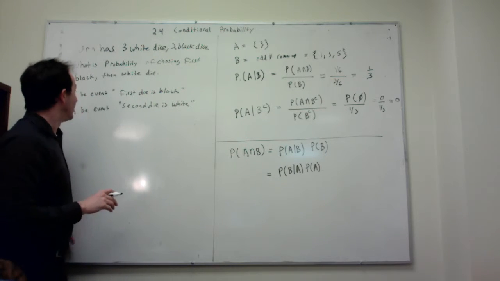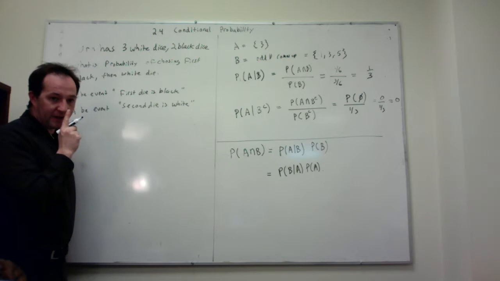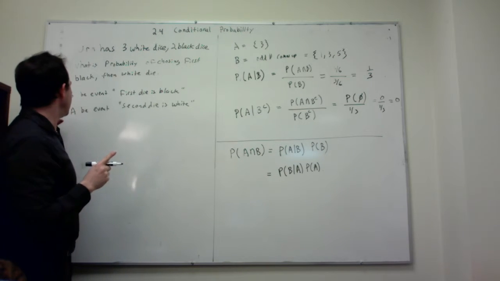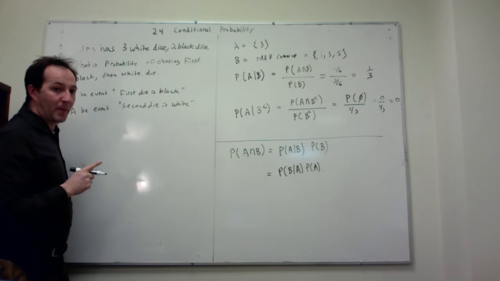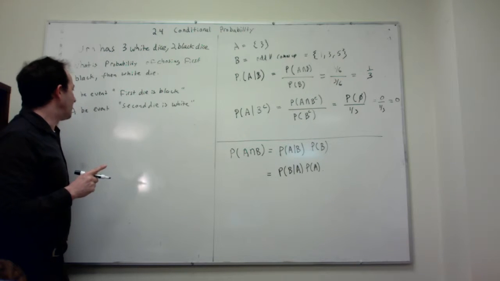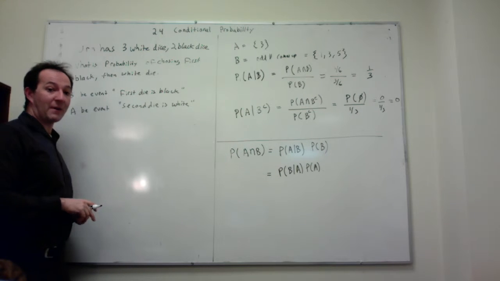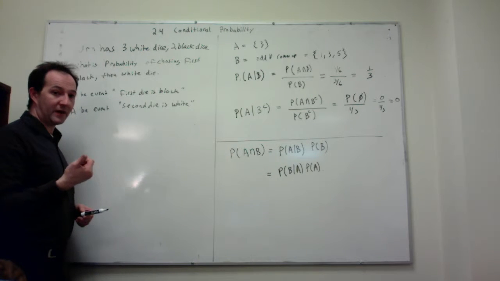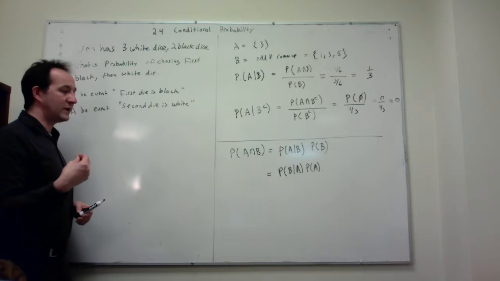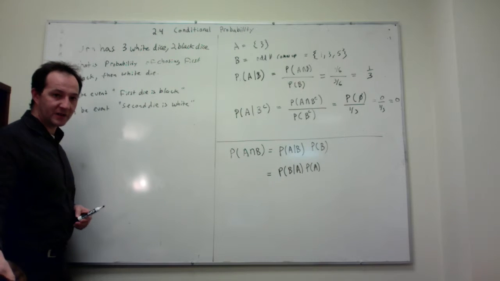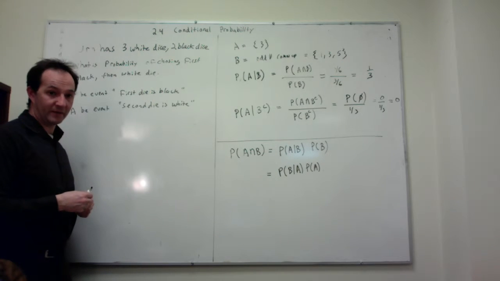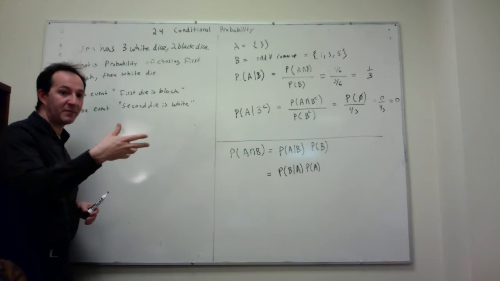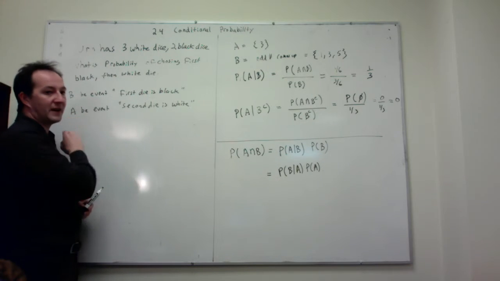The key thing here is that it is not immediately easy to say what P of A is, because P of A is talking about what happens on the second time you pull something out, and we don't know the composition of the dice in the urn if we don't know what the first die that was taken out is. We'll see later how we can build this up, but immediately P of A is not easy to see.